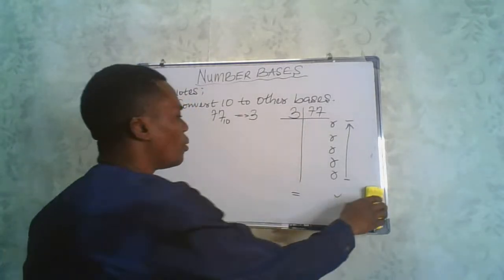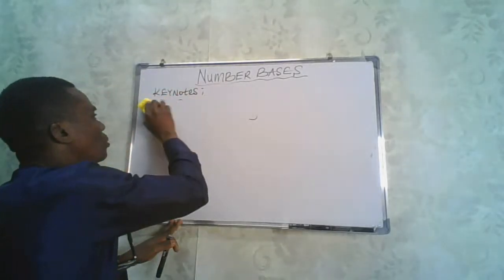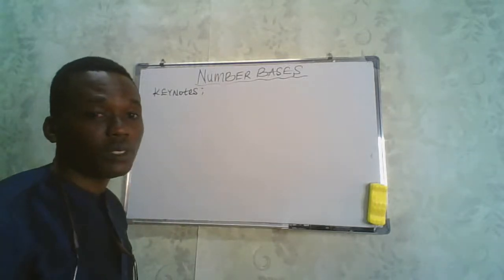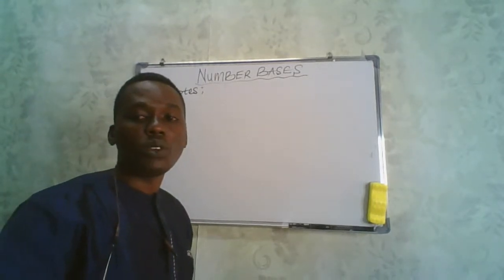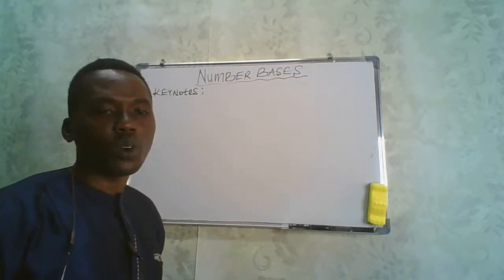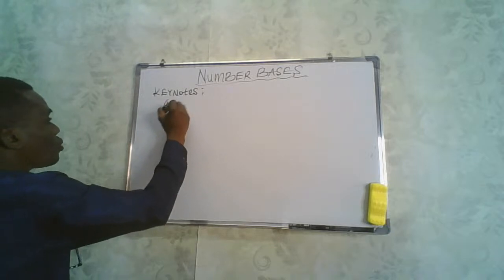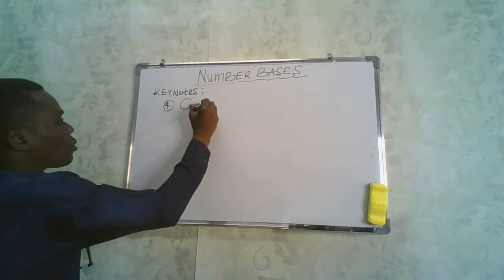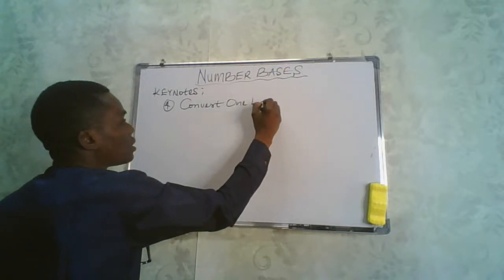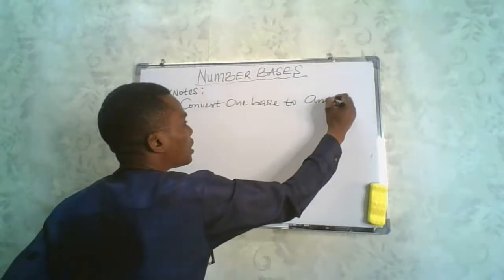Now, in keynote 4, you will also be required to do certain operations, and these operations are all found in your syllabus. In keynote 4, you will be asked to convert from one base to another.